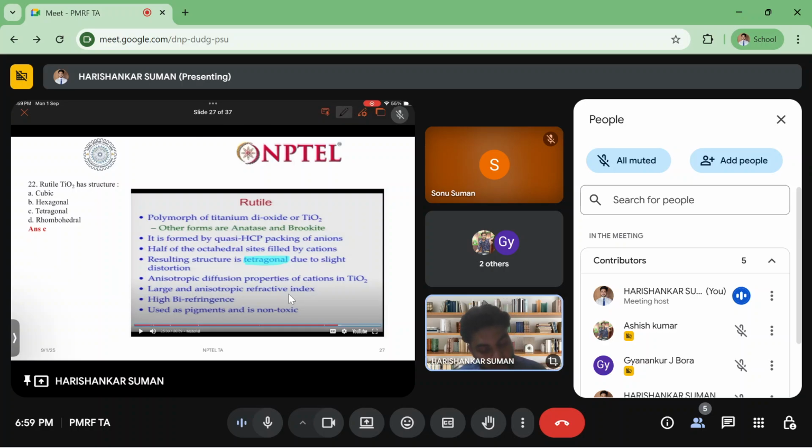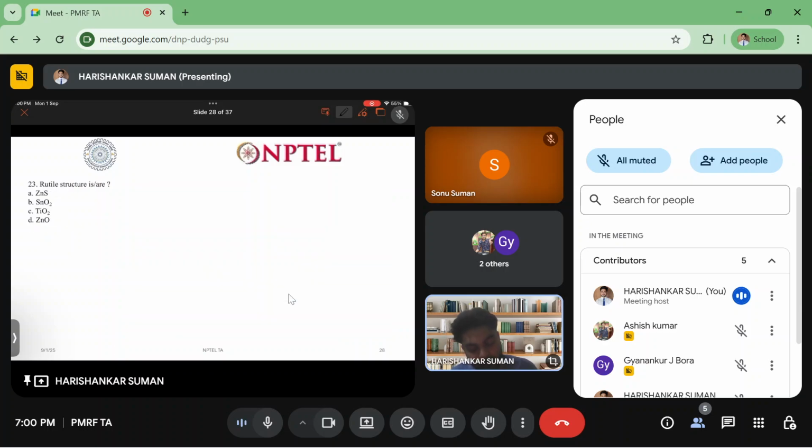Titanium dioxide is tetragonal. The structure is formed by close packing of the anion, half of the octahedral sites are filled by the cation, and the resulting structure is tetragonal due to slight distortion. Properties of TiO2: high and anisotropic refractive index, used in pigments, and it is not toxic. These are the properties of TiO2.